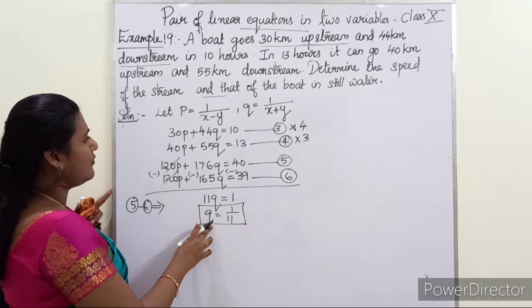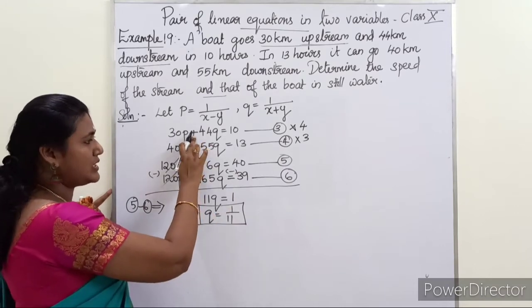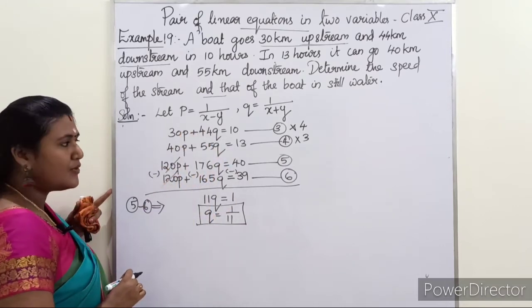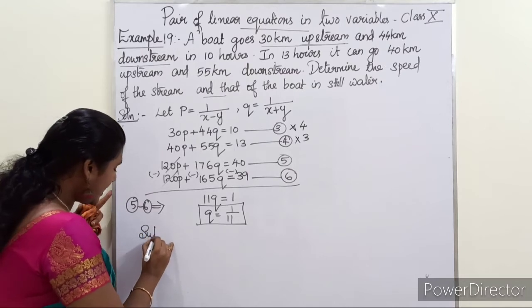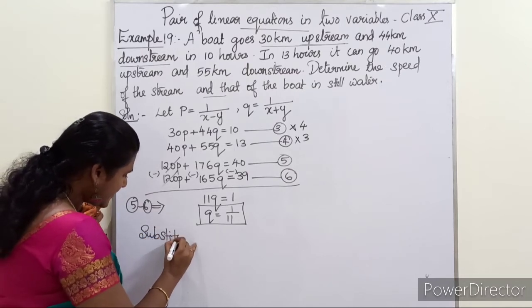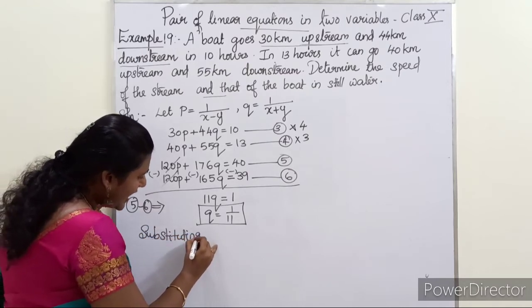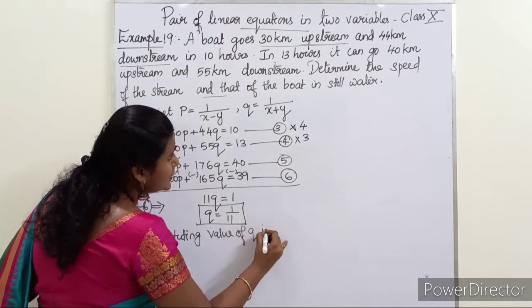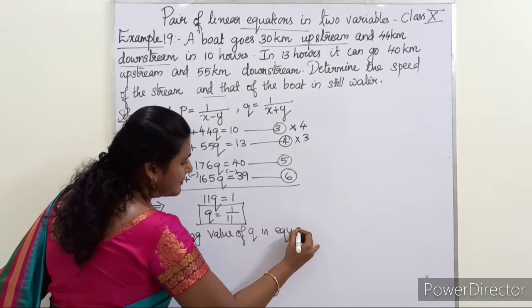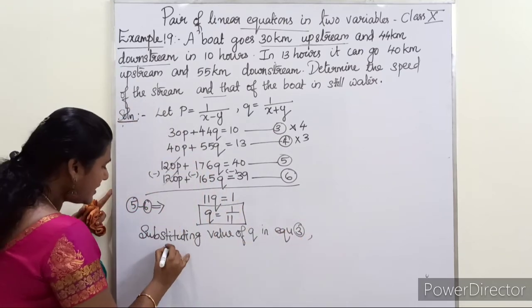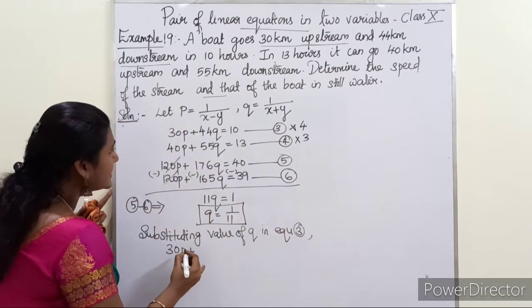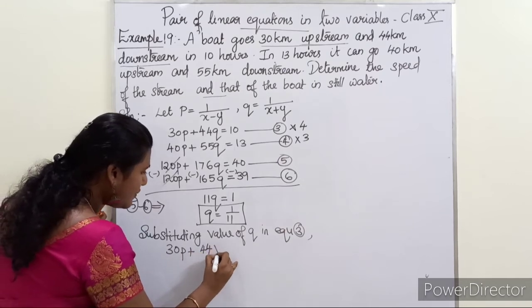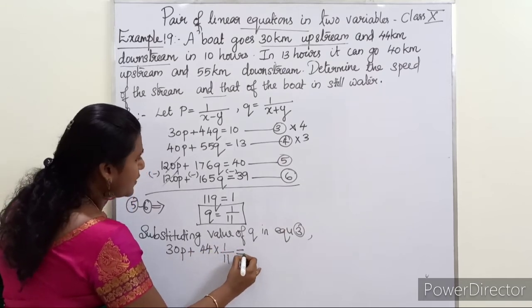Now this value we will substitute in the third equation, so that we will get the value of p. So substituting the value of q in equation 3: 30p plus 44 into 1 by 11 is equal to 10.